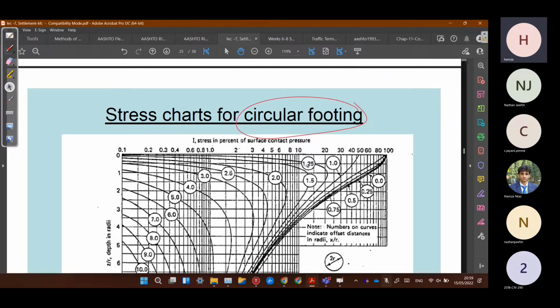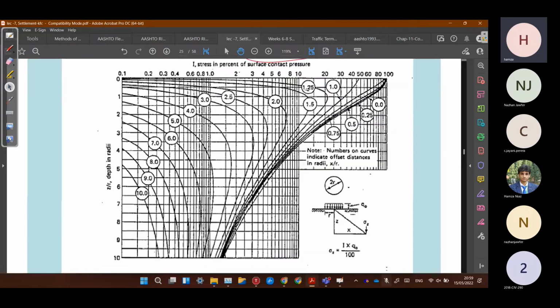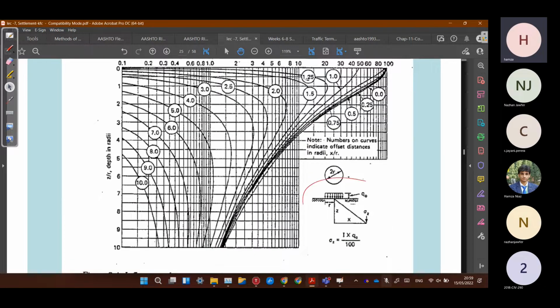If you look at this picture, they are saying that the depth of the point where we have to find the stress is Z, the radius of the footing is R, and X is used if the point where we have to find the stress is not directly below the footing. We are taking X in this case as 0 because we are assuming the point is lying exactly below the footing. So X is 0.